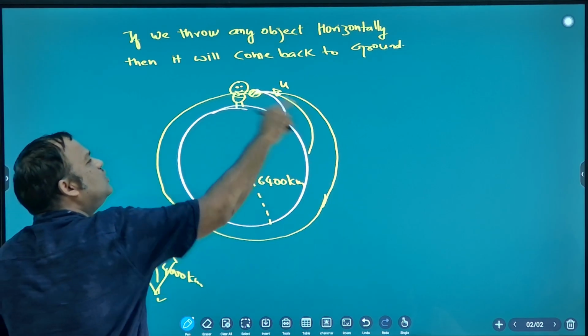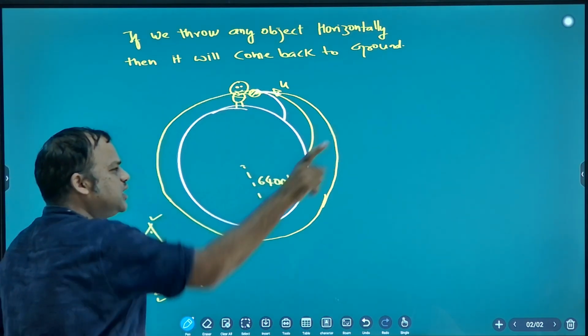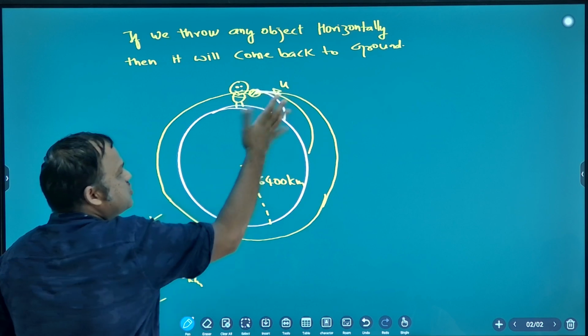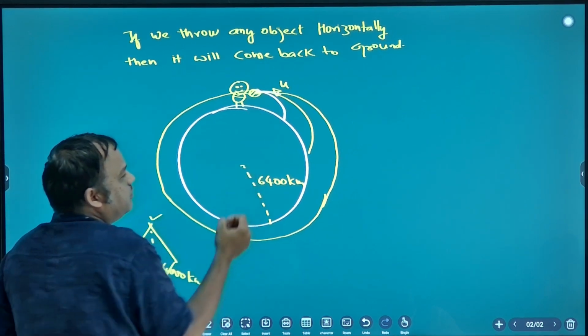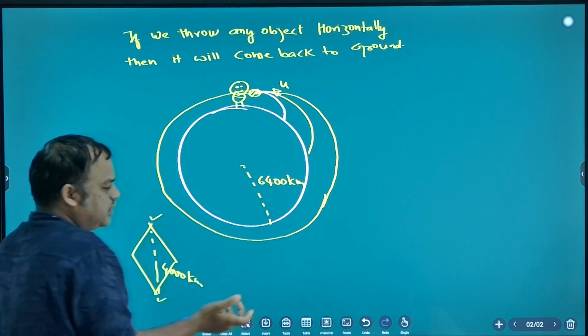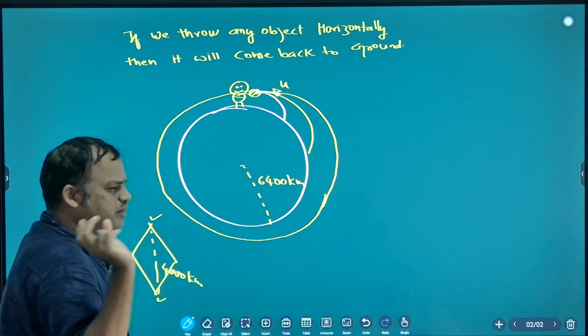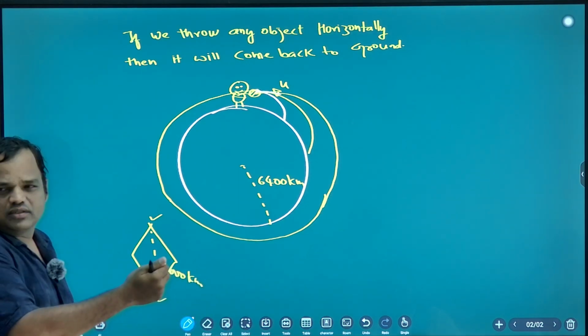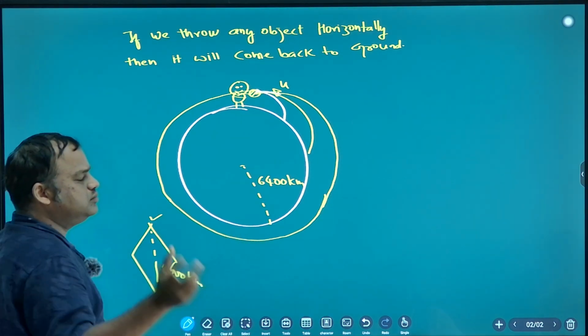You throw an object with enough speed, very high speed. It is not easy. A lot of energy is needed to throw like this. A small kid given a ball may throw it up to here. An Olympic athlete may throw it up to that tree.